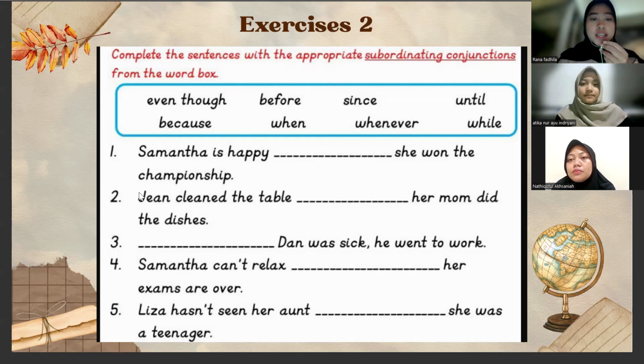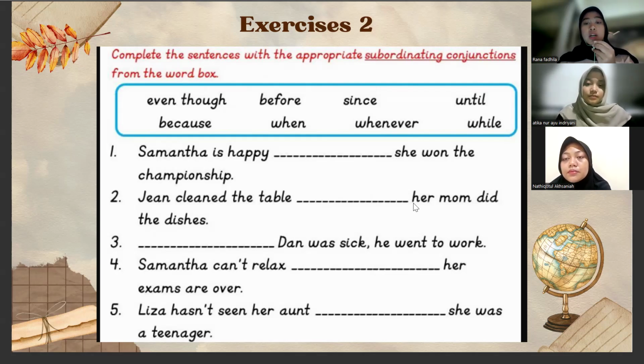And number 2: Jian cleaned the table, and her mom did the dishes. "Jian cleaned the table" is an independent clause, because it is meaningful. And "because her mom did the dishes" is not meaningful by itself, so this is the dependent clause.